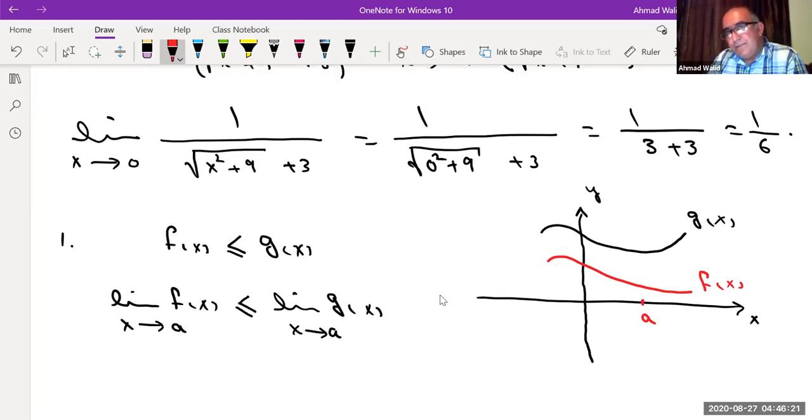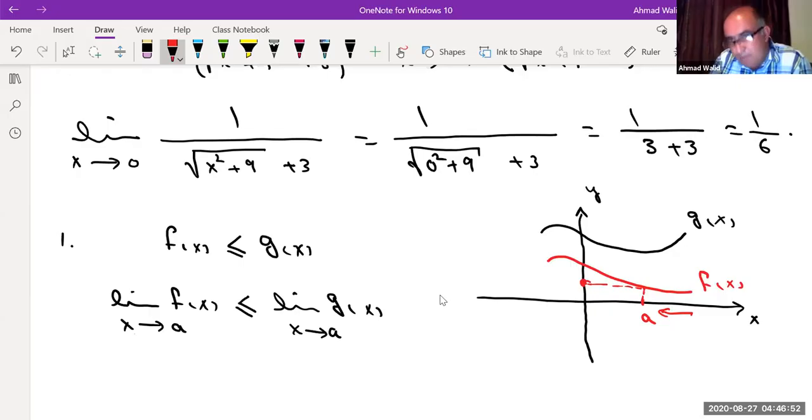You see, your g of x is greater than f of x because the graph of g is above the graph of f. It means the function g of x is greater than the function f of x. Now, should the limit of f of x as x approaching a be less than the limit of g of x? You see, when you are approaching a, this is the limit of f of x as x approaching a.